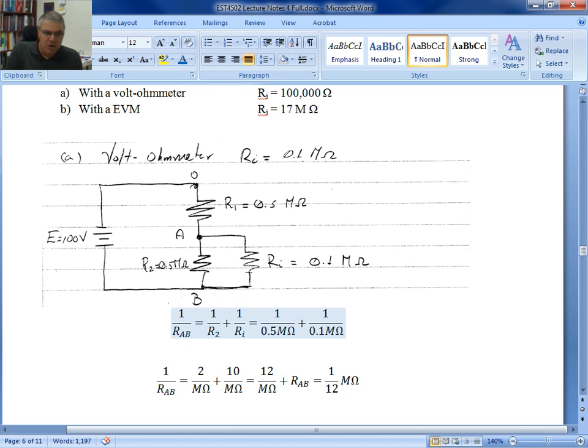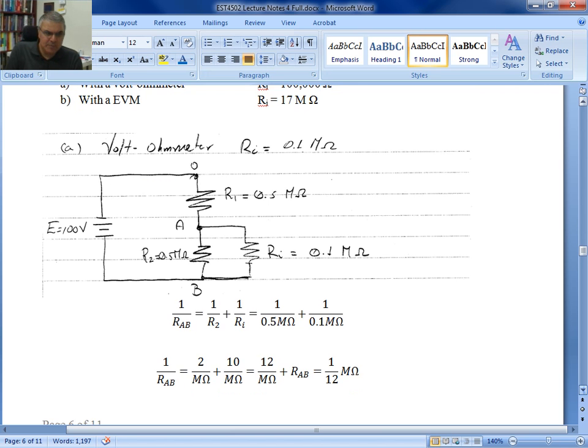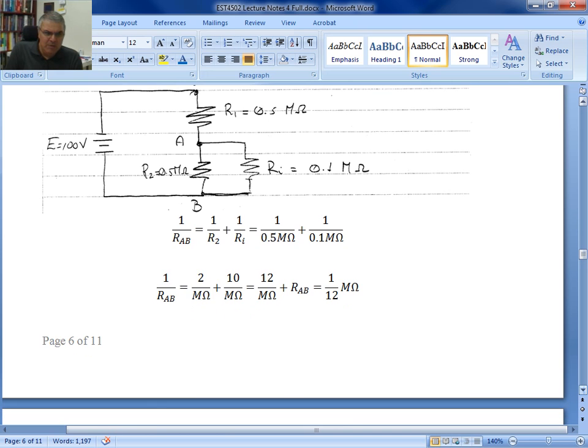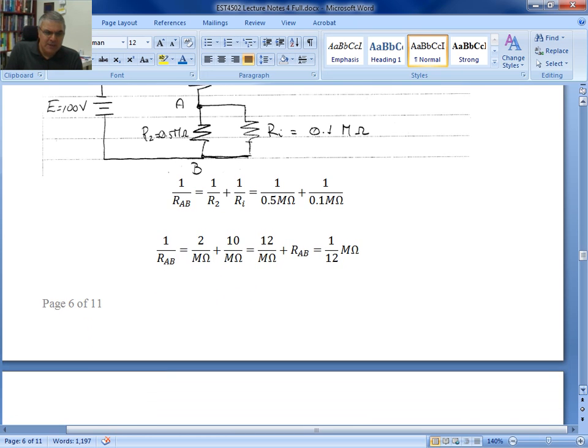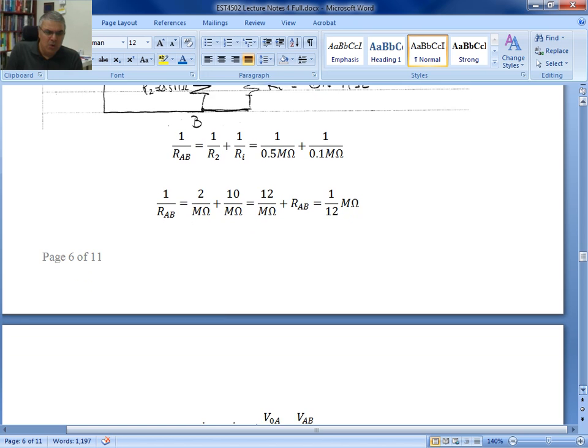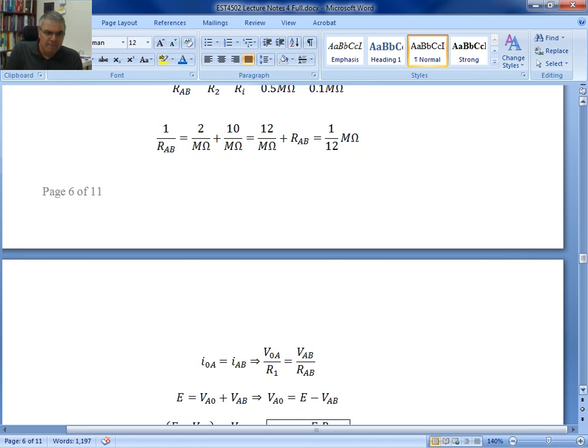An inverse of 1 over R sub AB is calculated as such, and we pretty much use that. It's going to be 1 over 12, so 2/10, and then from here it's going to be 1/12.